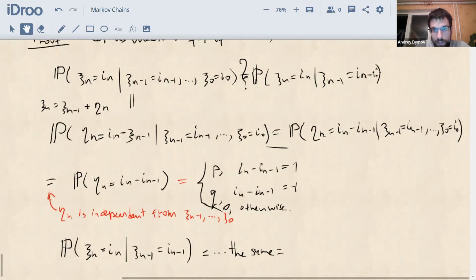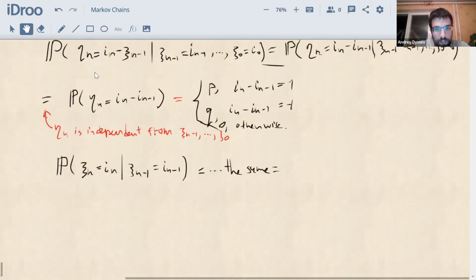That's why when I write this probability, I'll get a similar relation as here, but I will not have the conditioning, only this one, that psi n minus 1 equals i_n minus 1, right? And then I'll get that these events are independent.